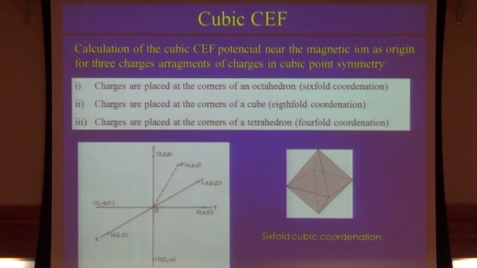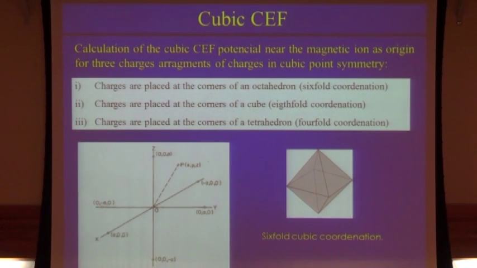When I get that series and I use the symmetry of my site, I can do that very easily in the point charge model for three configurations: charges placed at the corners of an octahedron, or at the corners of a cube, or at the corners of a tetrahedron.